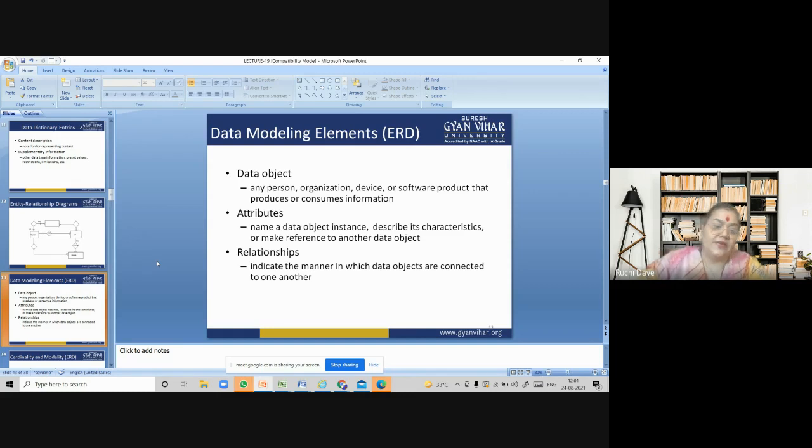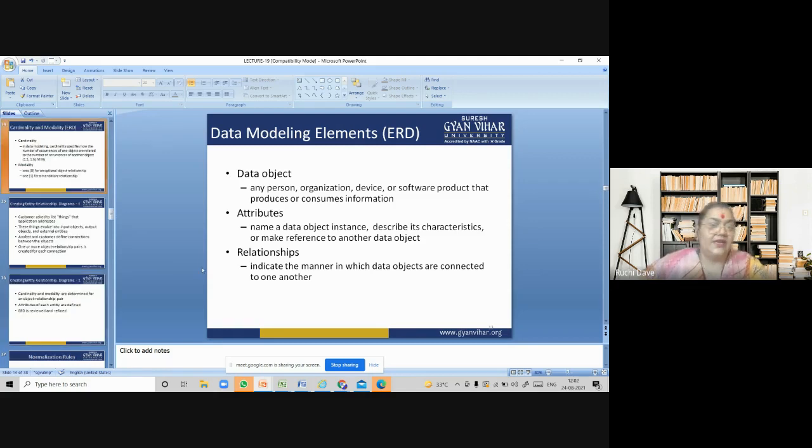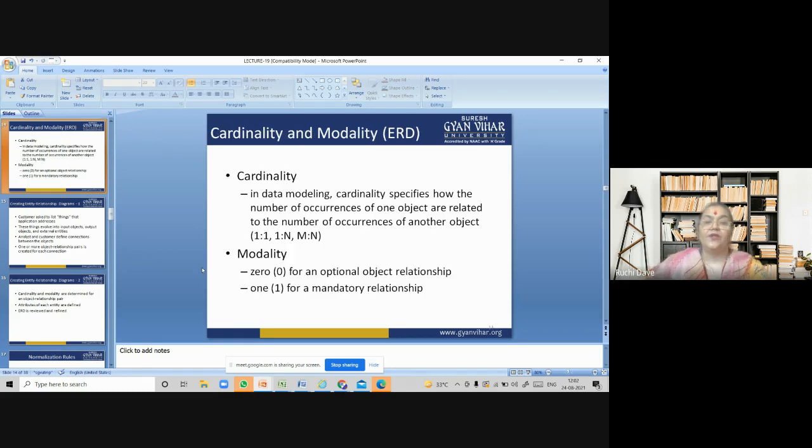Relationships indicate the manner in which data objects are connected to each other. I think this is already clear. Again, I'm repeating it for you.